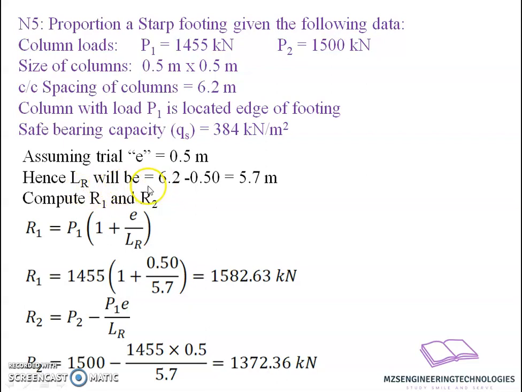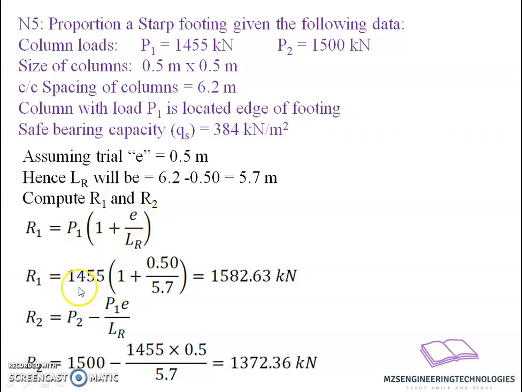Hence, LR will be equal to 6.2 minus 0.5, which is 5.7. What is this LR? Center to center distance between the two reactive forces. From this data we are comfortable now to work on estimation of R1 and R2. From the static equation we have the relation R1 equals P1 (1 plus E) divided by LR.